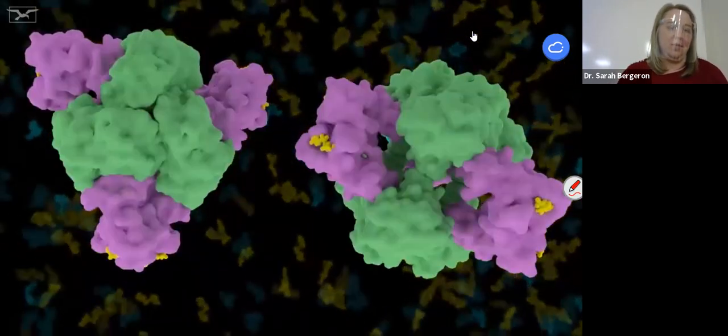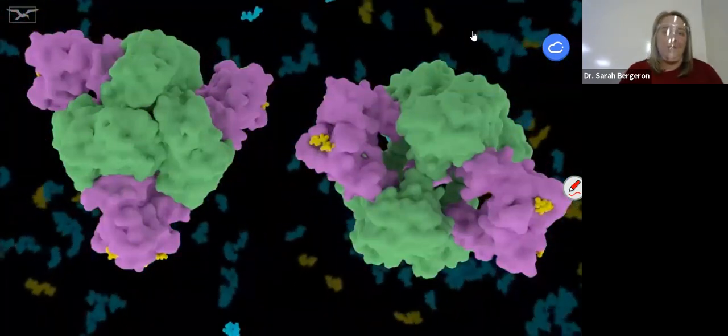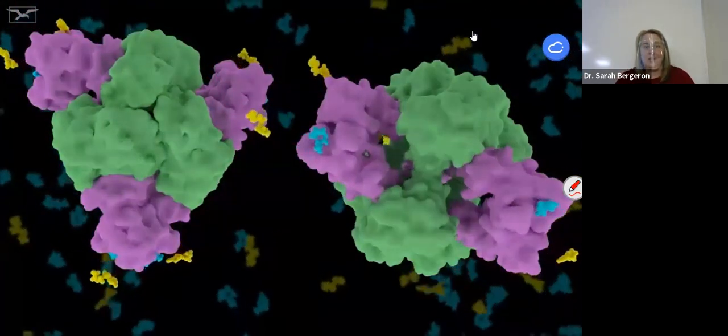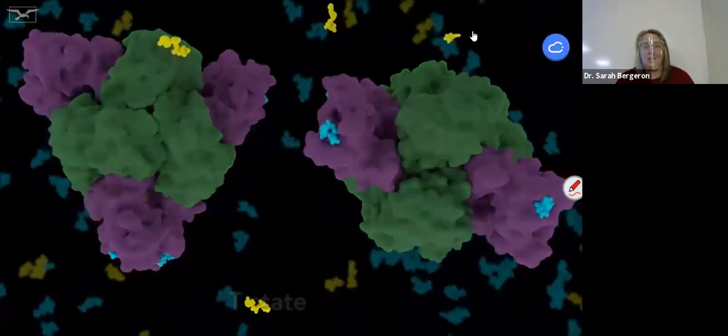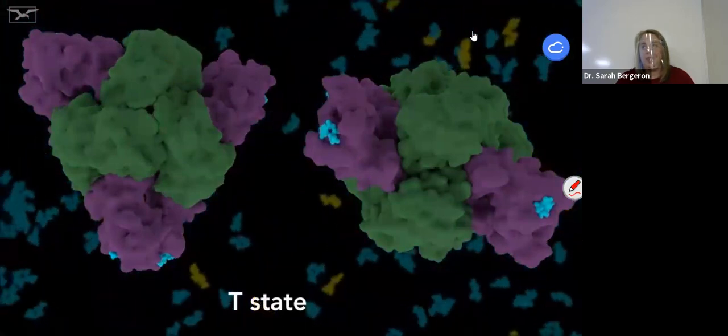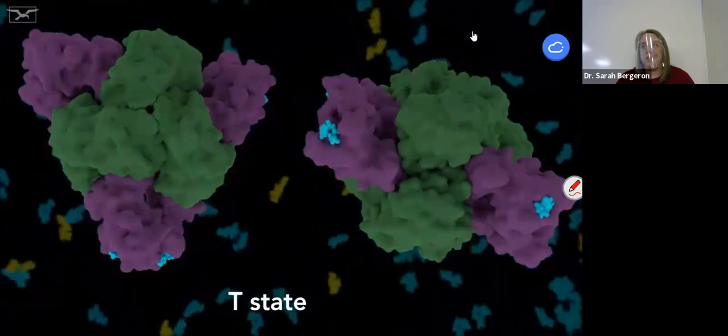Once the concentration of CTP has increased in the cell, ATCase will shift towards binding CTP rather than ATP. CTP binding results in shifting the conformation of ATCase toward the inactive T state, effectively shutting down the enzyme. This is an example of feedback inhibition.